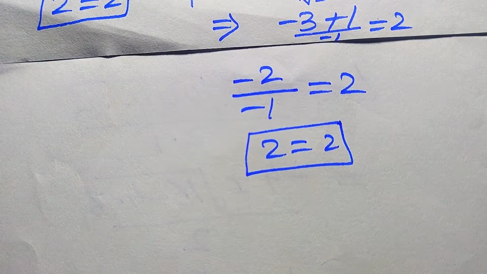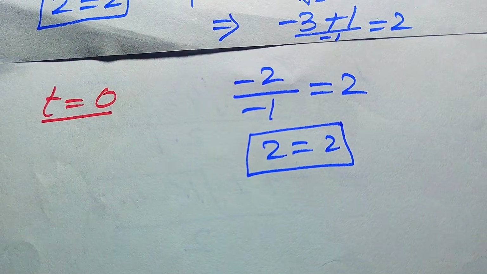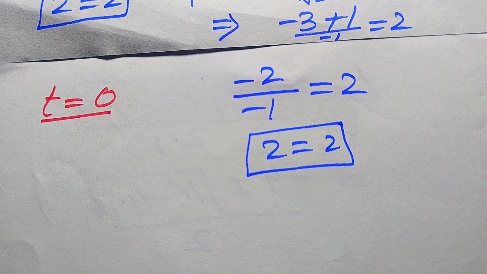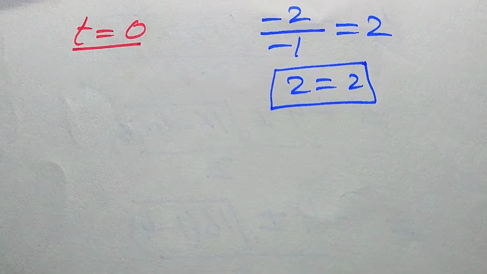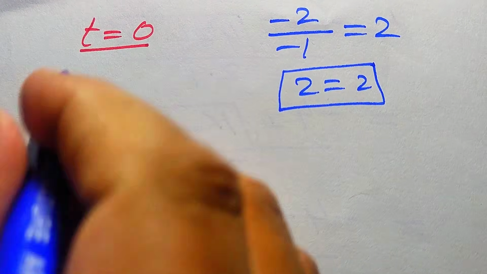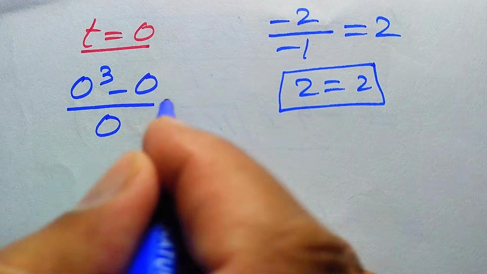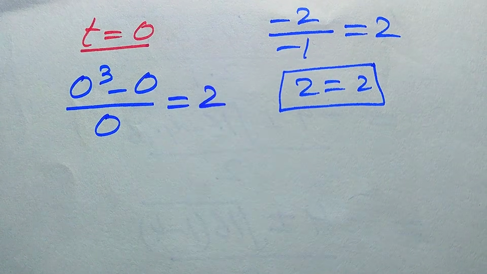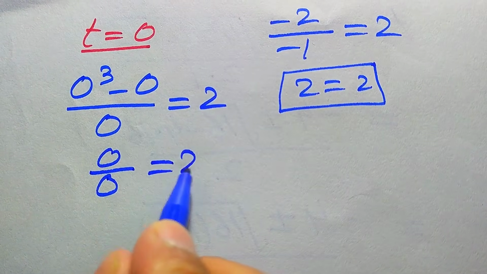And now in the same pattern we verify the third value of t, and this is equals to 0. So when we put t equals to 0 on both sides of the given equation, this will be written in this form. So this will become 0 cubed minus 0 divided by 0 is equals to 2. So we obtain 0 over 0 form is equals to 2.